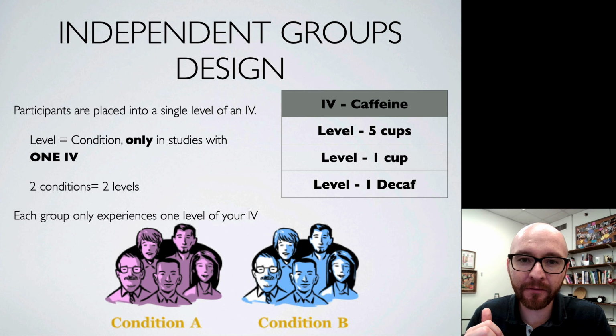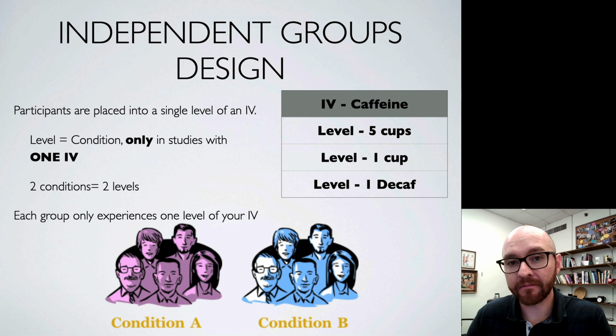Like if you think of, for example, time of day. If that was my variable, the levels for time of day might be morning or afternoon. Or it might be 8 a.m., 10 a.m., noon, 1 p.m., 2 p.m.